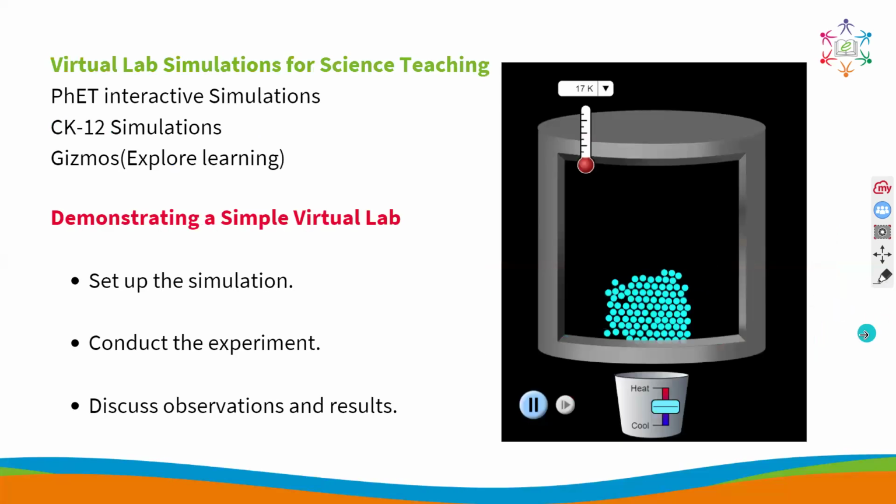So you just need to set up this simulation, conduct the experiments, and then you can discuss the observations and results with your students. So I'll just show you a demonstration of how you can run a virtual lab.